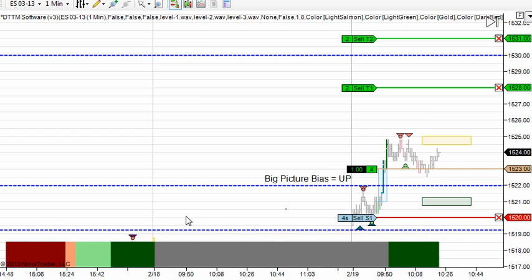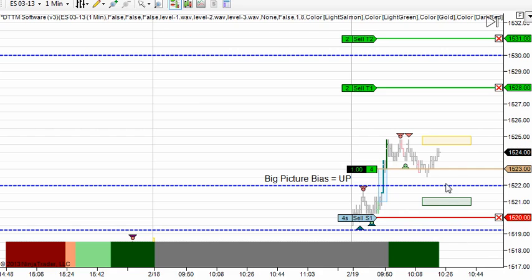Okay, the market's moved up a point or so off of here, and at this point, I thought of a few things to talk about. One is, would I want to potentially move my stop up? I could move my stop up to below this little mini fractal here. That makes some sense. However, I still want to keep it down here and just reserve the right to get out if some evidence changes.